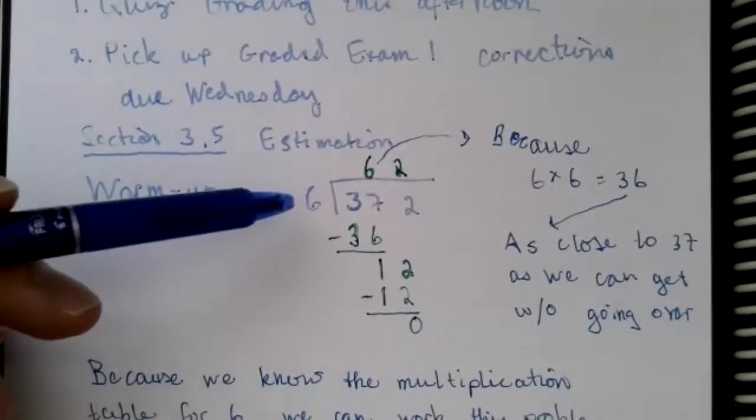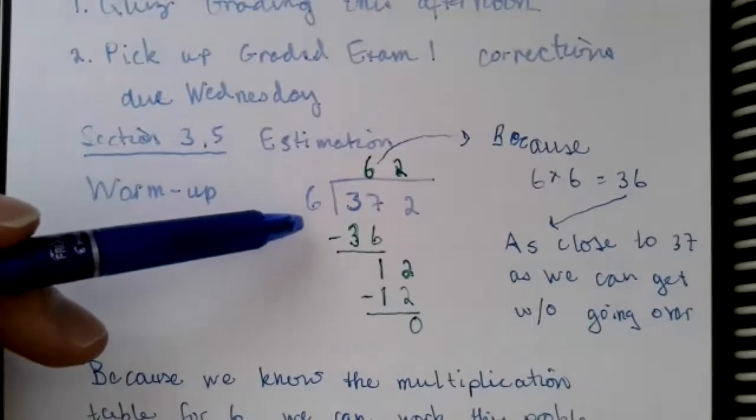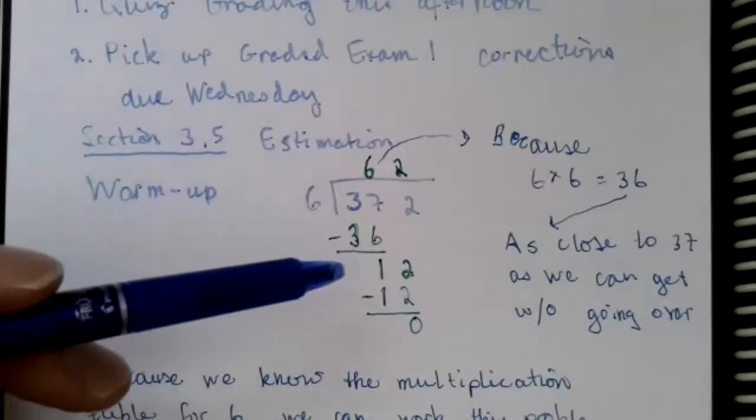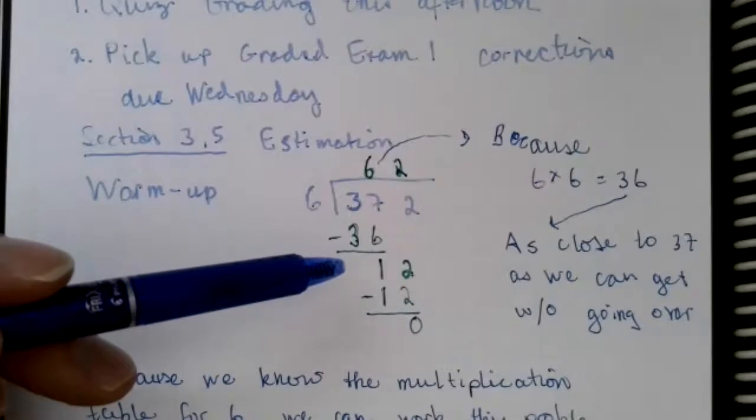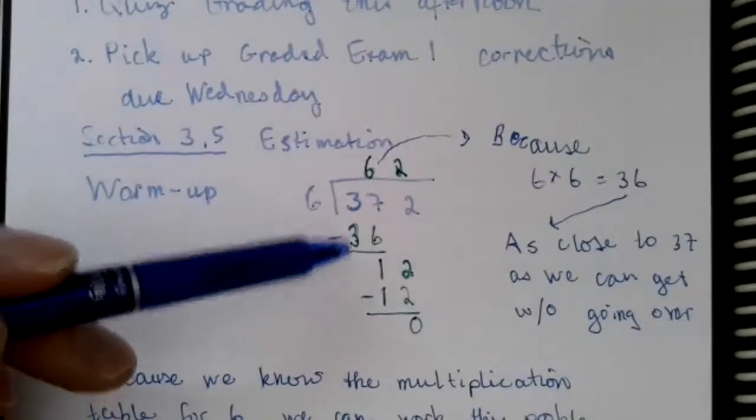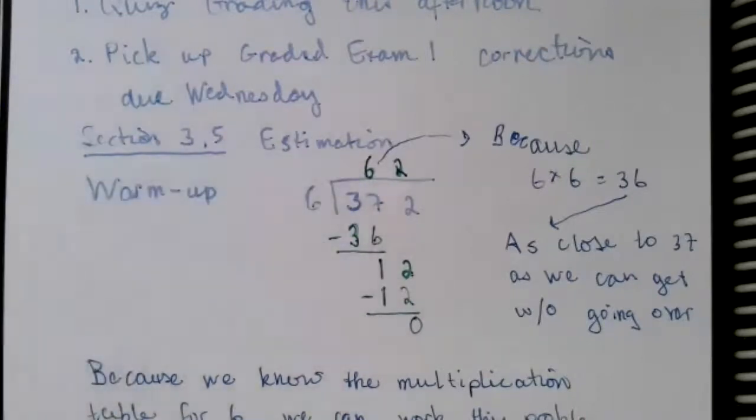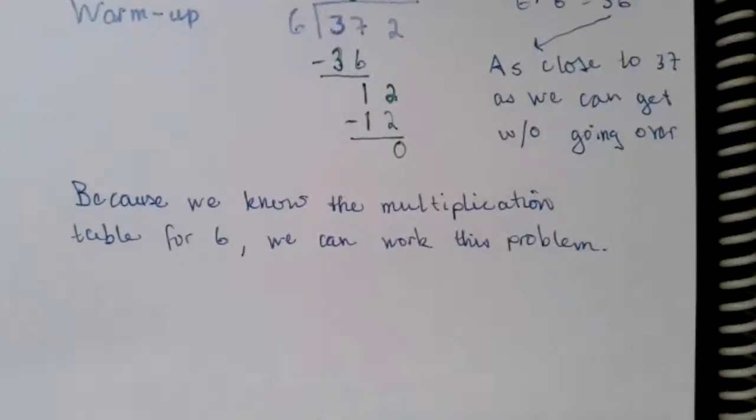Since students learning the long division algorithm have already worked on multiplication, they will know their times tables. The question is, when you're transitioning to multi-digit division, what do you do then?